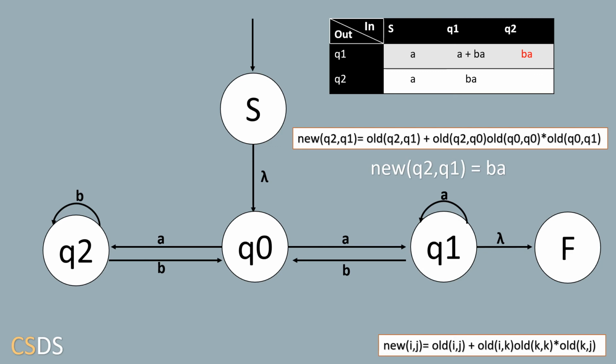We see if there is an old transition from Q2 to Q0, which we see is B. We continue to the old transition from Q0 to Q0, which once again there's no self transition for the state Q0. And then the old transition from Q0 to Q1 is A. So the new transition from Q2 to Q1 is B followed by A.